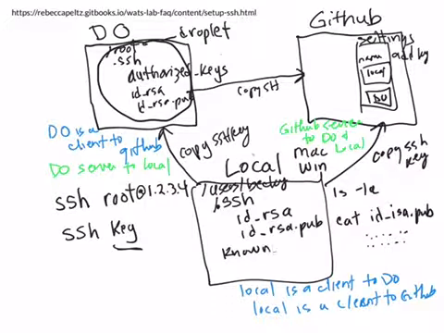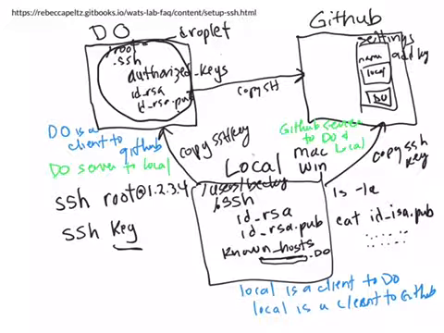The first time that you SSH to a server, you'll get a question saying, does this server look like something you really want to be connecting to? And if, as a client, you say yes, a key from the server gets written into the client. So in here, I would get a key from DigitalOcean. And that's the client's way of protecting itself against going to a server that it shouldn't be going to.